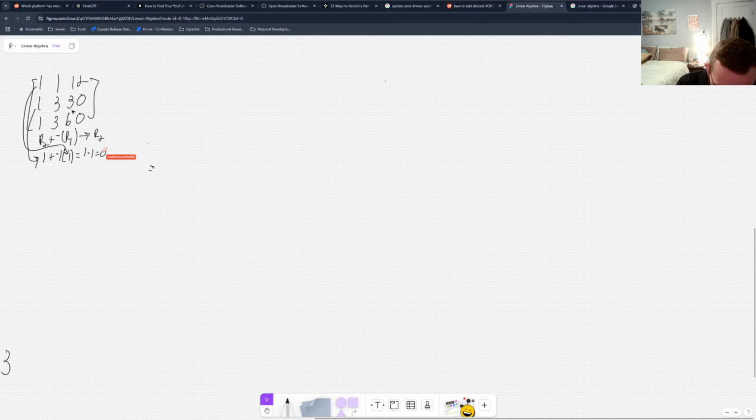All right. And then we'll write it up here. We have the same top row. We didn't do anything to the top row. We're replacing the second row. So that's how we got a 0 in the front. So that's the goal, which is why we chose to add negative R1 to R2 to get 0 in the front. Okay? But now we got to fill out the rest of the row.